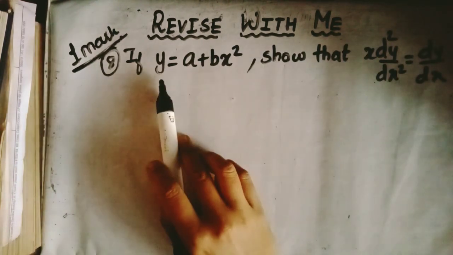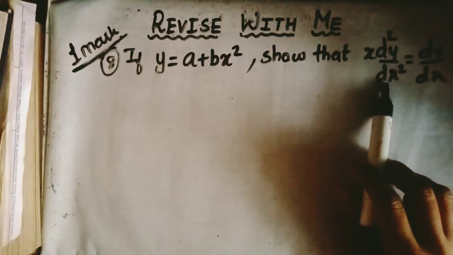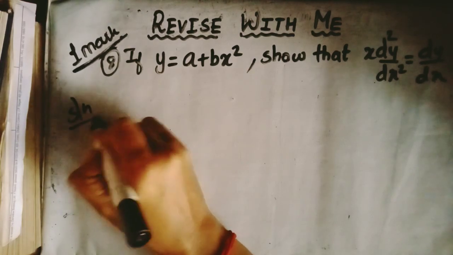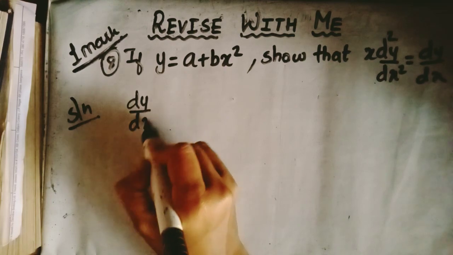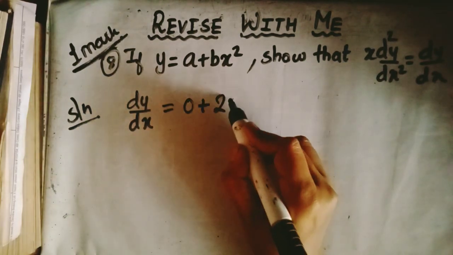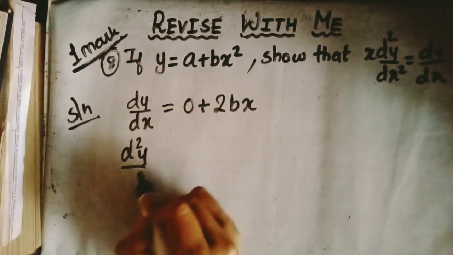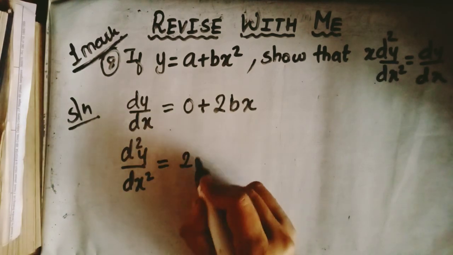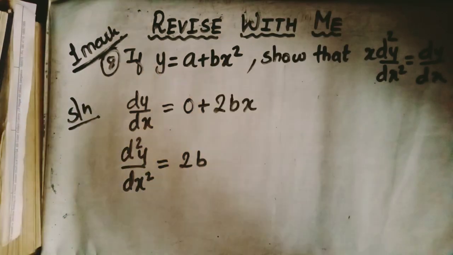Here y is given, and you have to show that x d square y by dx square is equal to dy by dx. First we'll find out the derivatives. So first derivative, dy by dx, is 0 plus 2bx. Then its double derivative is 2b. Now we have to form this in this form.